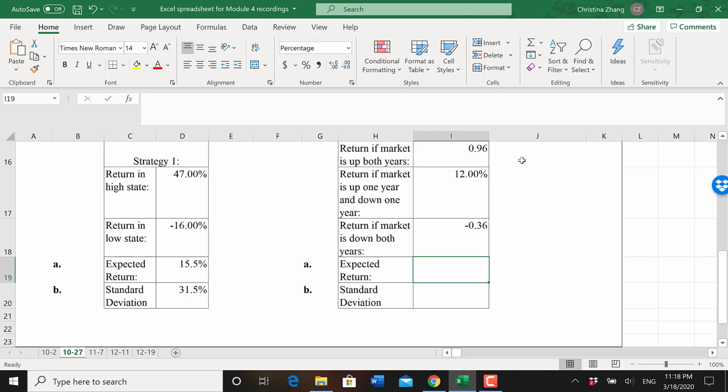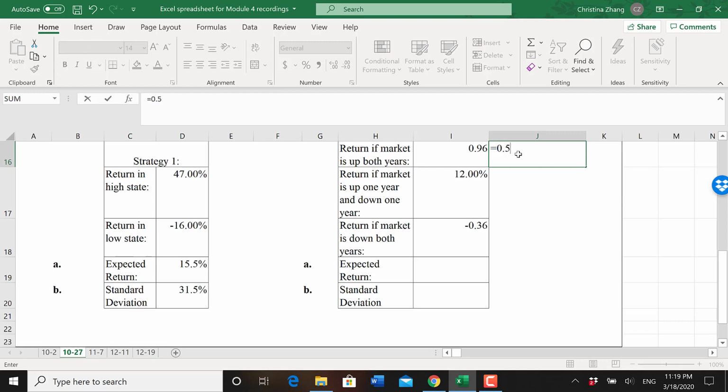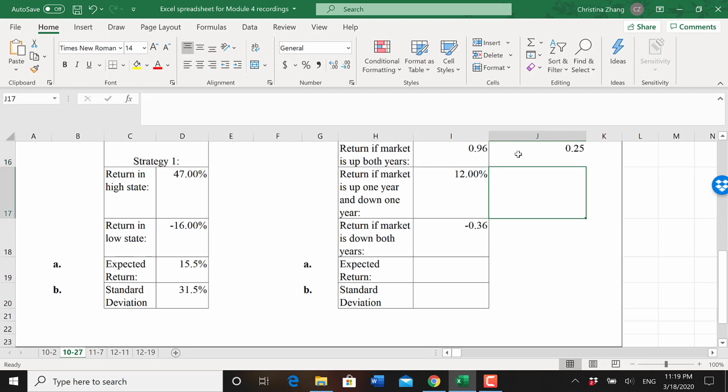So you're going to consider the probability of these scenarios happening. It's not equally likely though, because if you want both years to be up, that means you have 50% likelihood for the first year to be in the high state, and then another 50% likelihood for the second year to be in the high state. So for this scenario you have 25% likelihood. If you want 1 year up and 1 year down, then you have 50% likelihood.